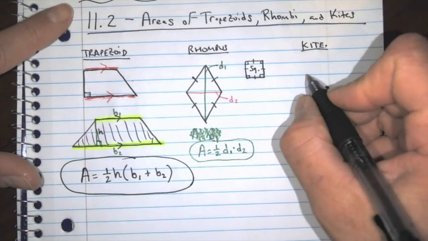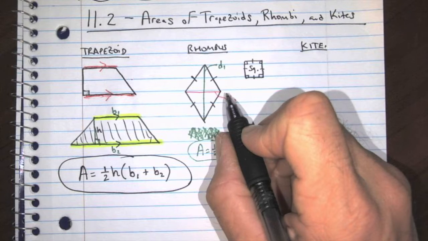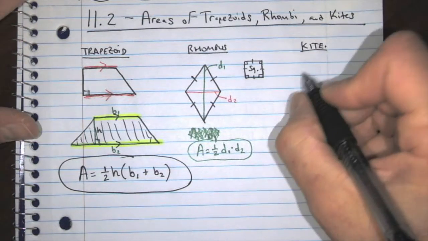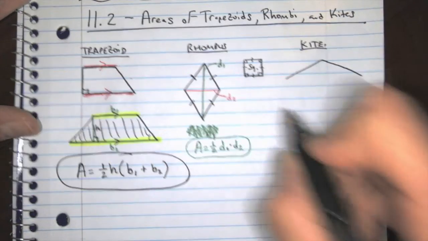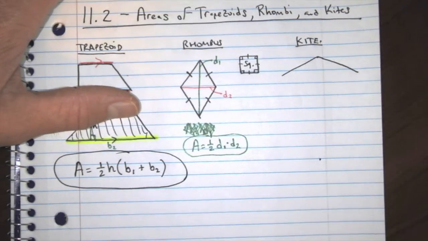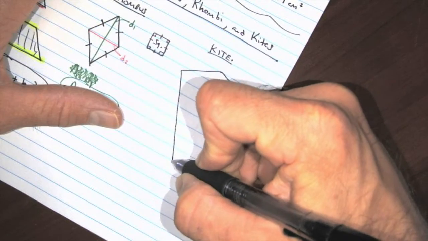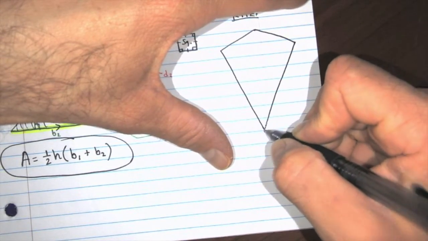Last shape of the day is a kite. A kite is a quadrilateral, but it is not a rhombus. It's where you have two adjacent sides that are congruent. Looks like this. I like to get my top going first, and then I like to come down, down, down, plop point, and then connect. This is how I make my kites. It seems to work, so that's what I stick with.